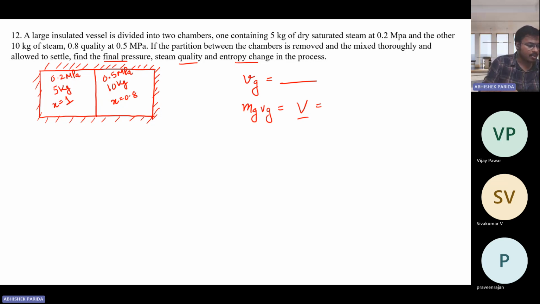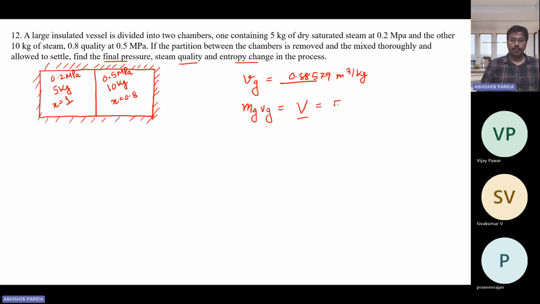0.2 megapascal dry saturated, so 0.2 means 200 kilopascal. At 200 kilopascal, I have Vg equal to 0.88578 meter cube per kg. Again, I am referring to table A5.